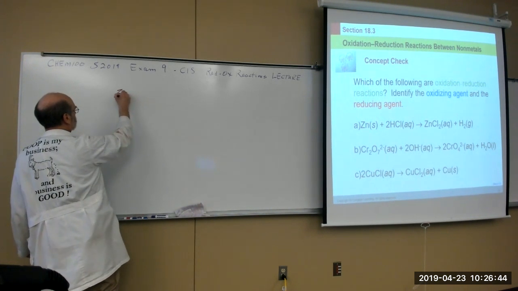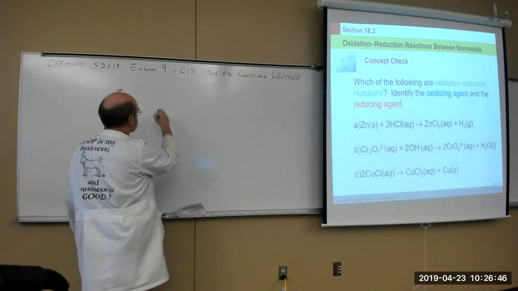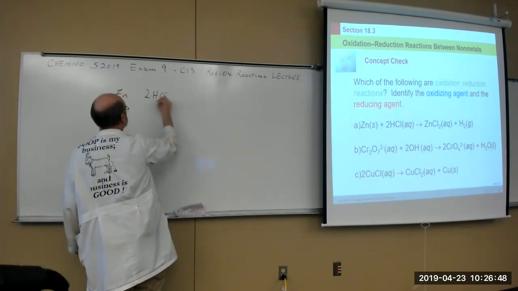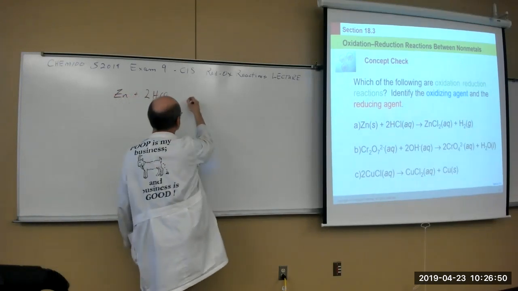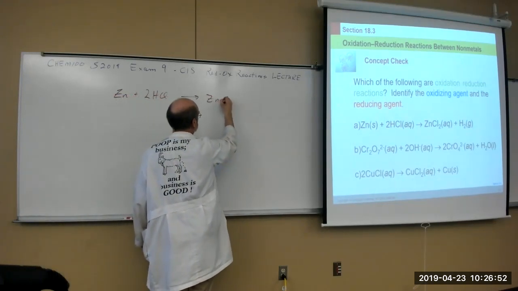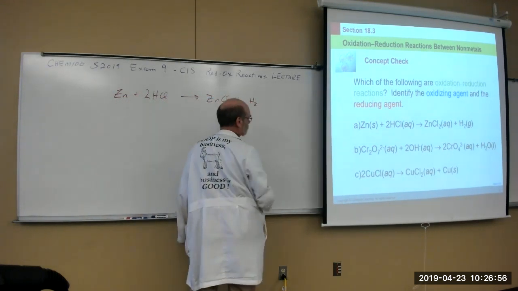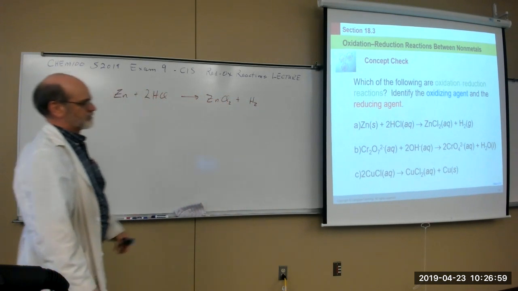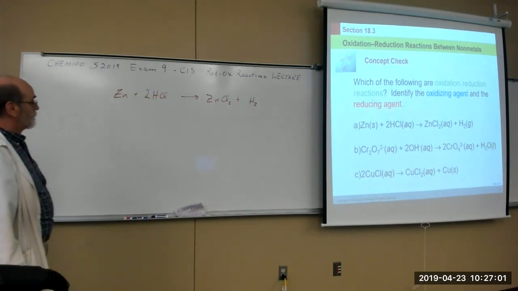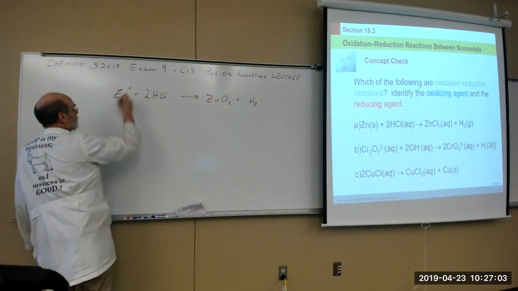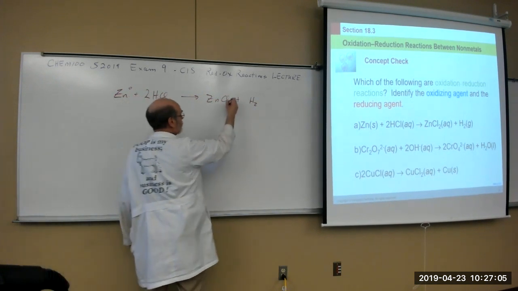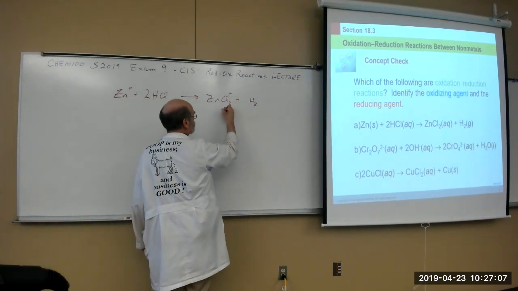So for this one, zinc and 2 hydrochloric acids yields that and that. I'll let that one do phases. And this one starts at 0. And this one is 1-, so 2- total.